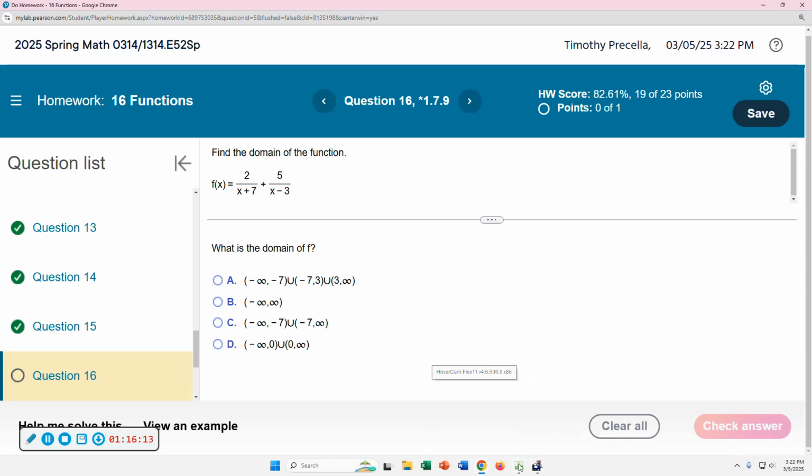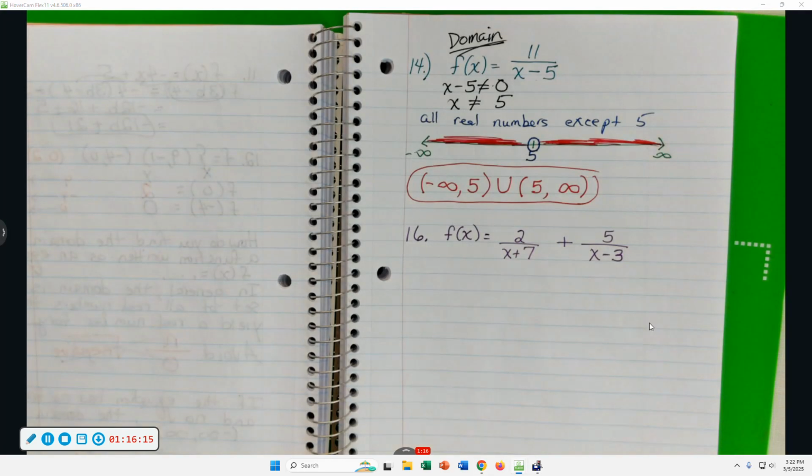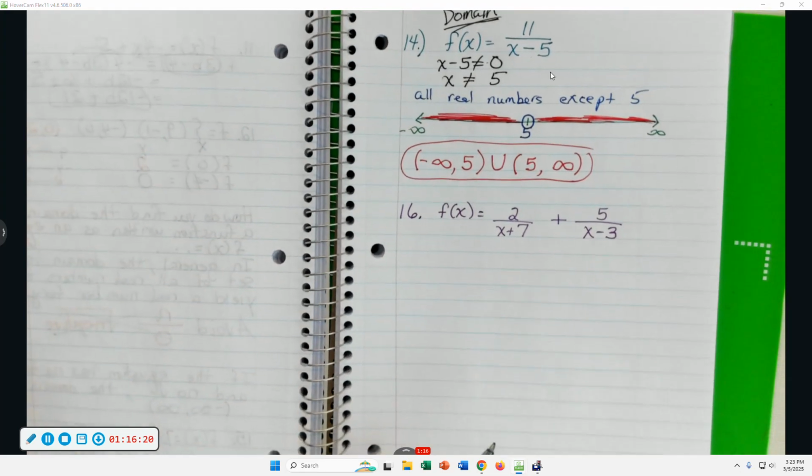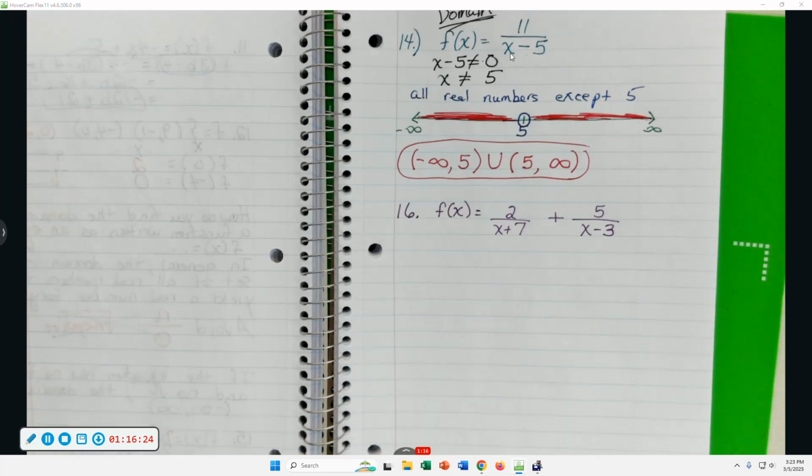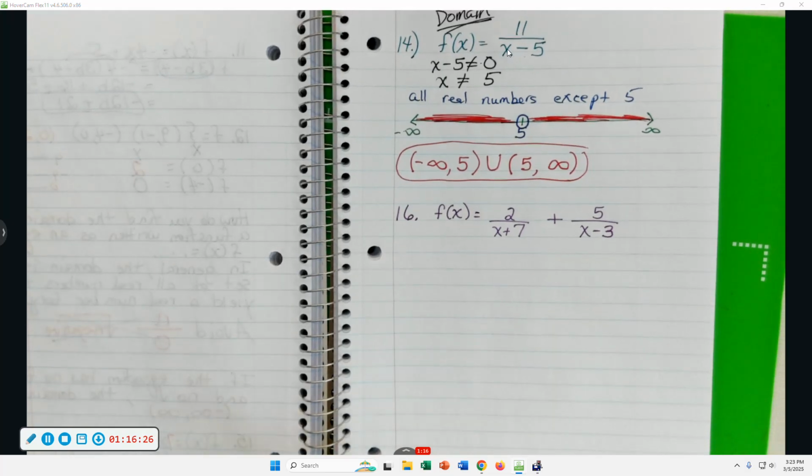So they're asking you, find every number you can plug in for x. Look up here at number 14. Today I'm stuck on the number 50 million. Could I plug in 50 million for x? Is 50 million in the domain? Yeah. The only number that's not in the domain on number 14 is 5.